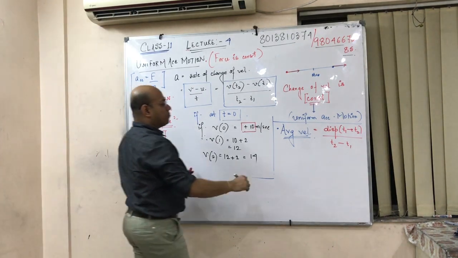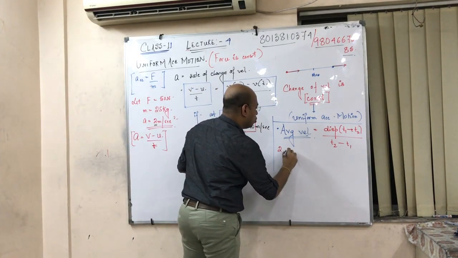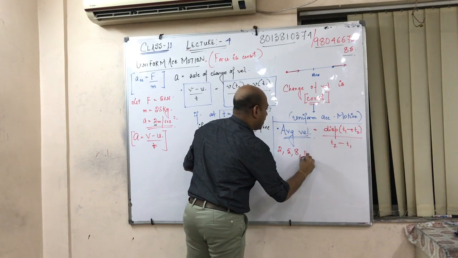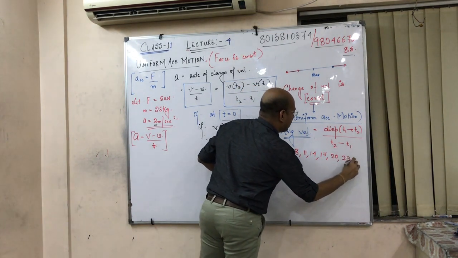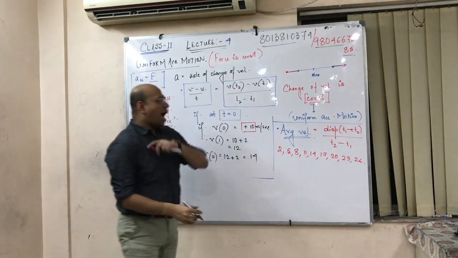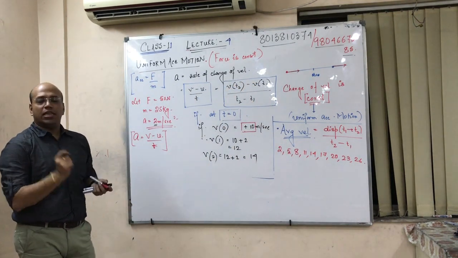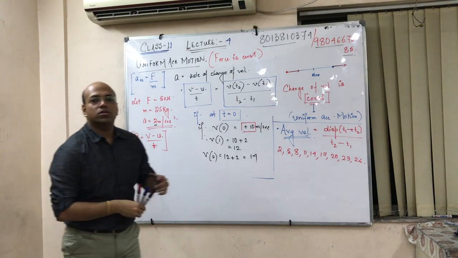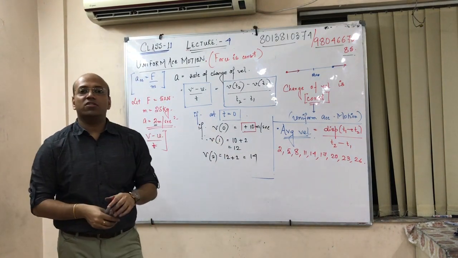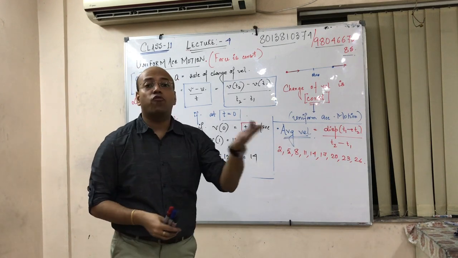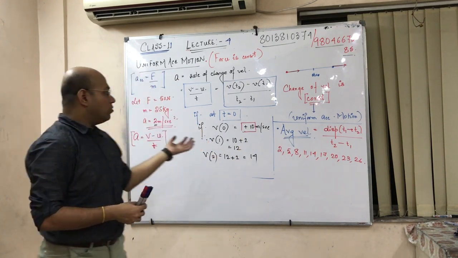Like if I say something: 2 5 8 11 14 17 20 23 26, find the average of the numbers. See who can say quickly, find the average of the numbers? You can't. You have to calculate this thing. I will say the average of the numbers is how much? It is 14. Sir, how is this possible?